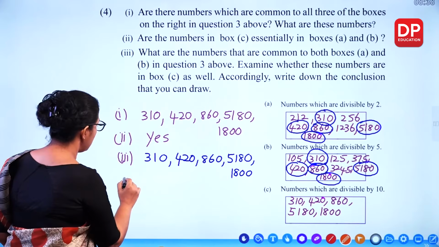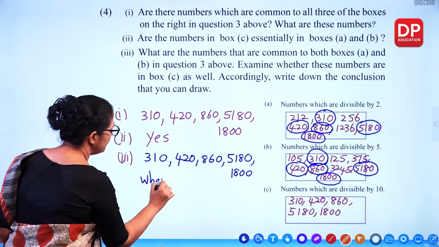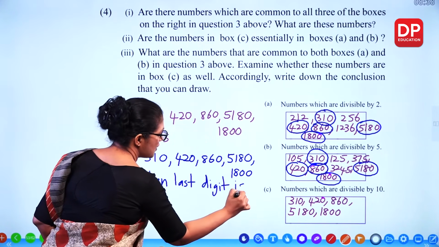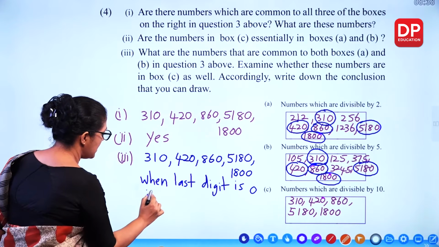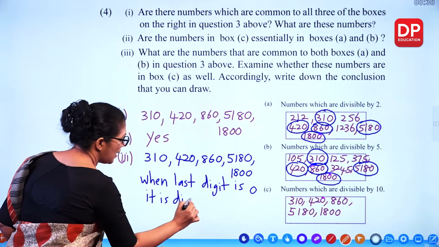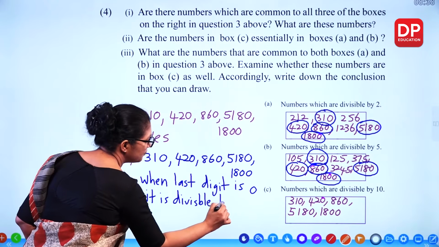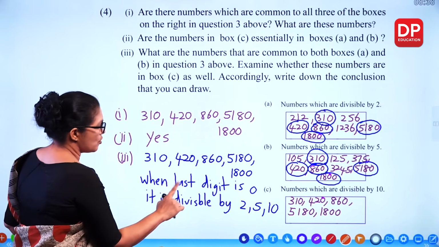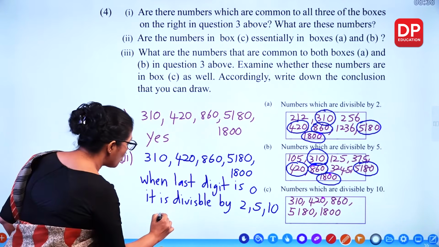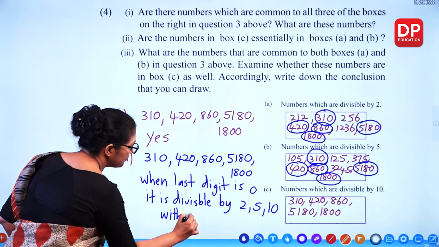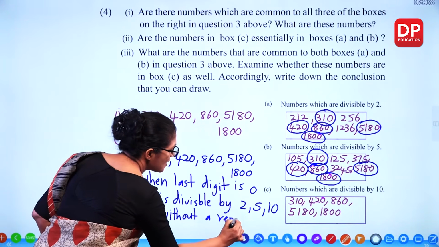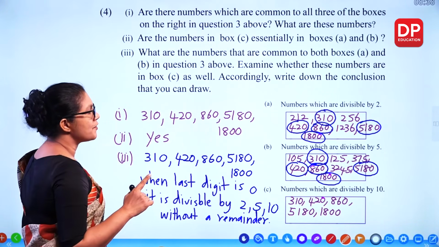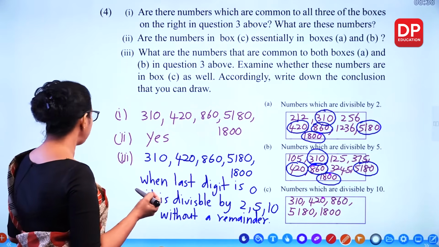When the last digit is 0, it is divisible by 2, 5, 10 without a remainder. So that's the conclusion. Then we can say divisible by all three numbers 2, 5, 10.